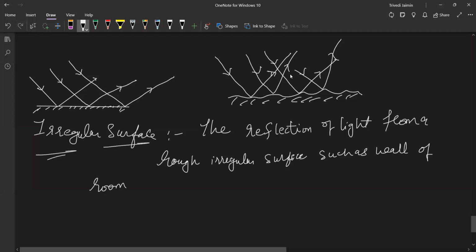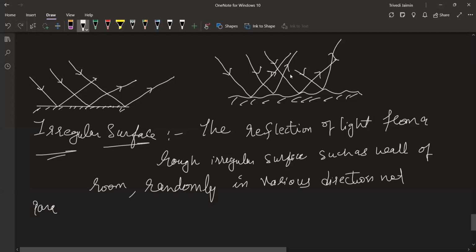What happens to these rays? They will move randomly in various directions, not parallel to each other. That is an irregular surface.